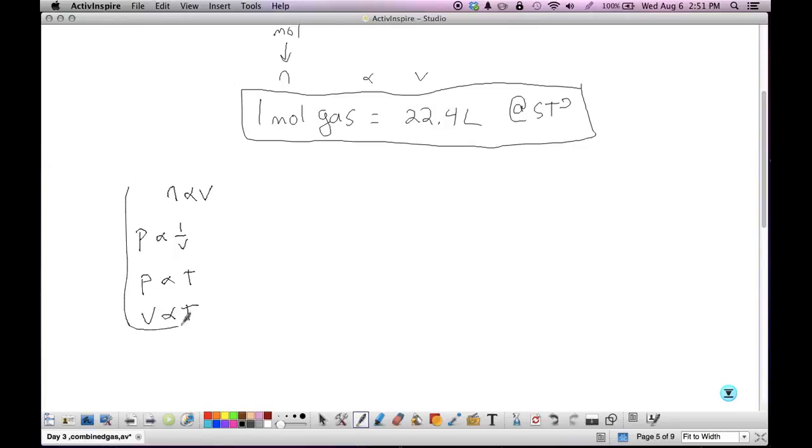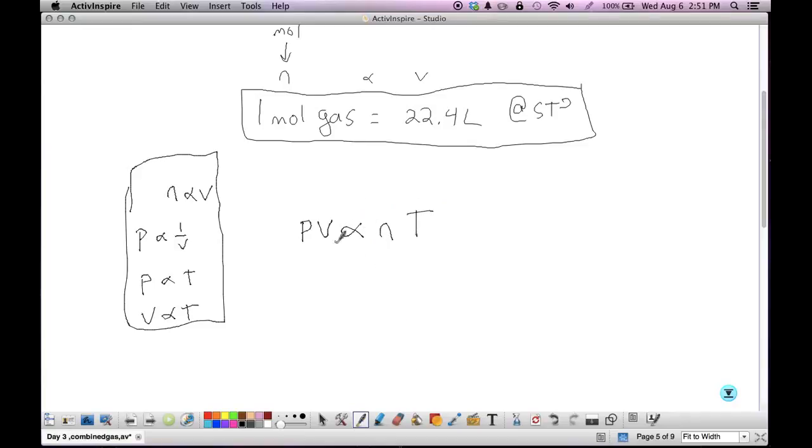I'm going to take all these and combine them. Okay, from here, I'm going to start with pressure times volume, and I'm going to say that that is directly proportional to temperature and the number of moles.